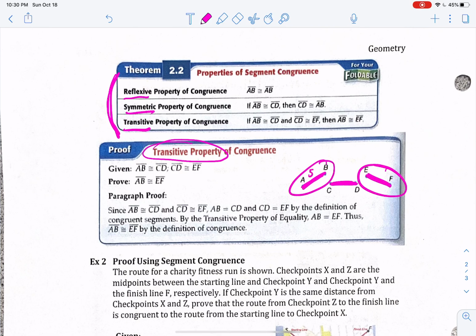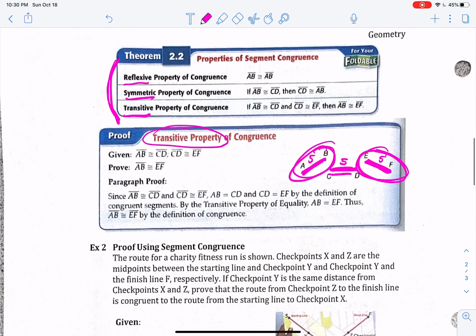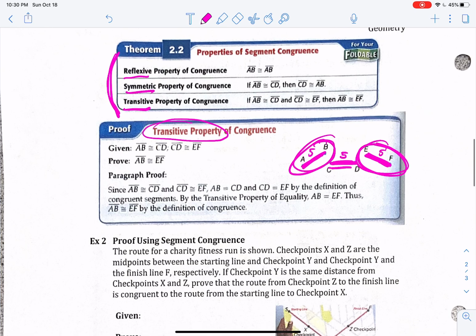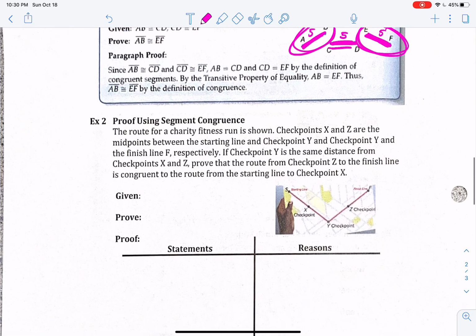So if we know that AB is 5 and CD is 5, those two are the same length. And CD is 5, but then EF is also 5. These two are the same length, okay? Well, then I know that AB is obviously the same length as EF. Those two match each other. So that's just illustrating the transitive property as well. Going through the reflexive, symmetric, and transitive properties, we might use those again down here.